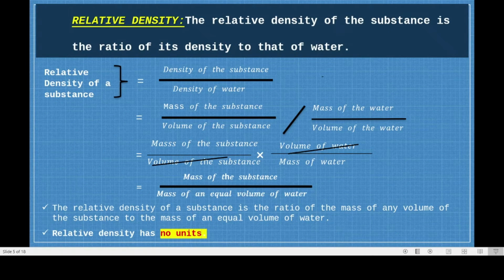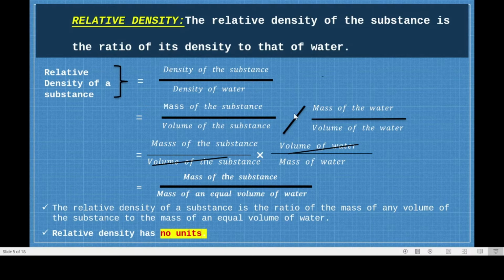First and foremost, what do you mean by relative density? The relative density of a substance is the ratio of its density to that of water. So, relative density of a substance can be written as the ratio of density of the substance to the density of water. We know the formula for density: mass of the substance by volume of the substance gives the density of the substance.